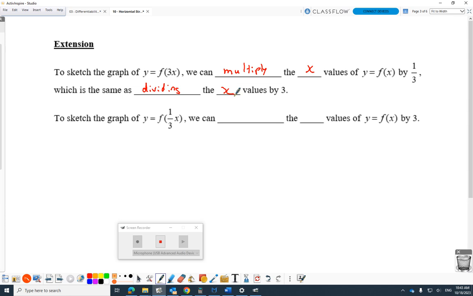And if we want to do y equals 1/3 x, we can multiply the x values by 3. But what am I going to do to this 3 to try to help you? 3 over 1. Really what's happened is that stretch factor has been flipped. See, this was 3, and it became flipped 1 over 3. This one was 1 over 3, flipped 3. That will solve a lot of your problems.